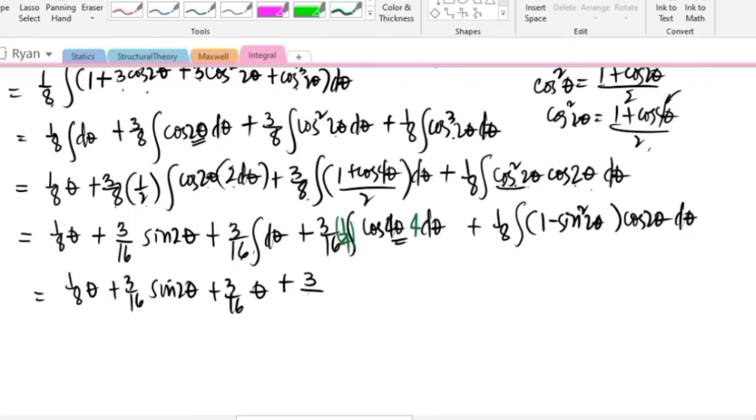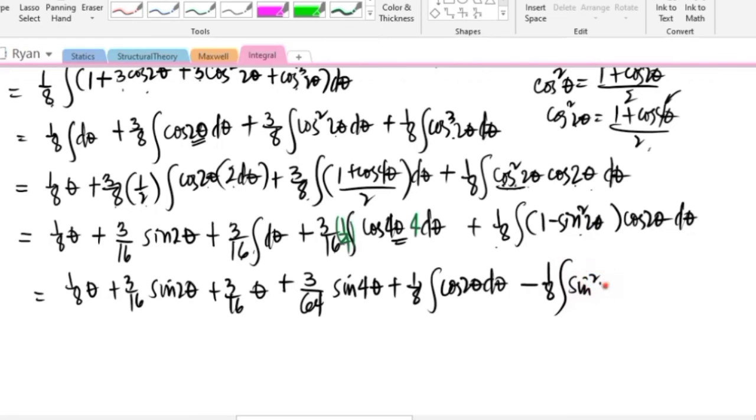So that's 3 over 64 the integral of cosine is sine v, so that's 4 theta plus 1/8 ito multiplied by the integral of cosine 2 theta d theta minus 1/8 integral of this term sine squared 2 theta cosine 2 theta d theta.